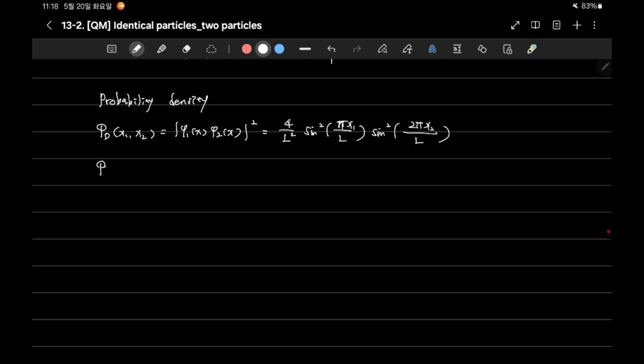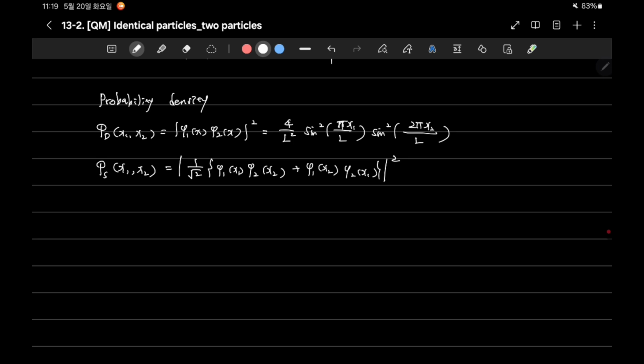And here the symmetric bosonic particle probability x1 and x2 is 1 over square root 2, phi 1 x1 and phi 2 x2 plus phi 1 x2 and phi 2 x1, squared.